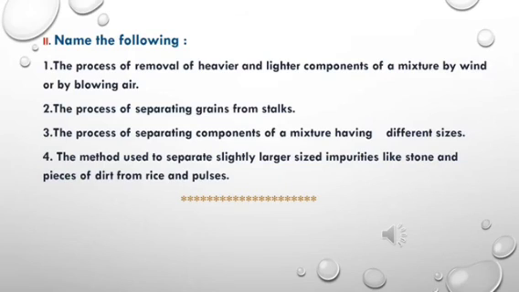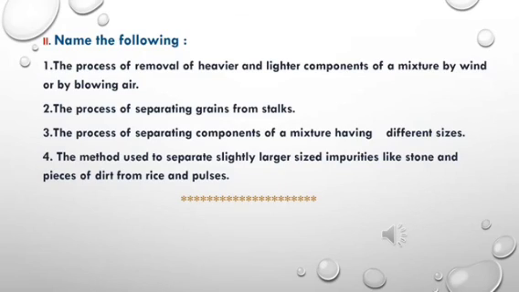Second, name the following. First one, the process of separating heavier and lighter components of a mixture by wind or by blowing air. Second one, the process of separating grains from stalks.